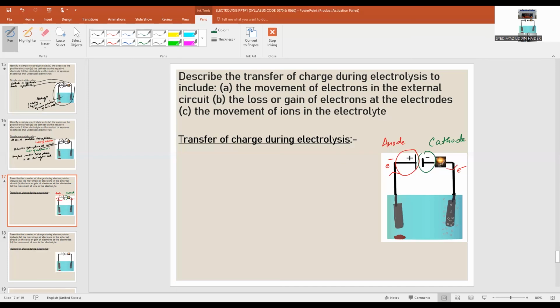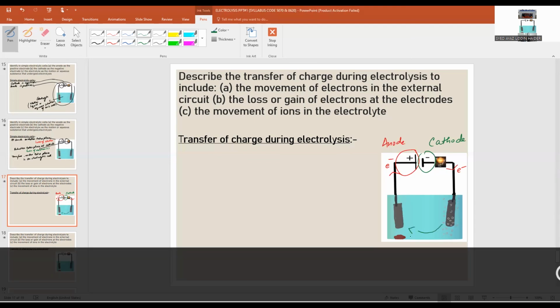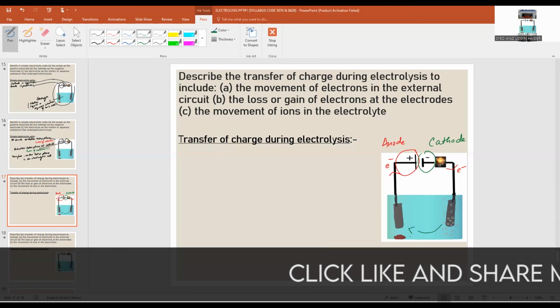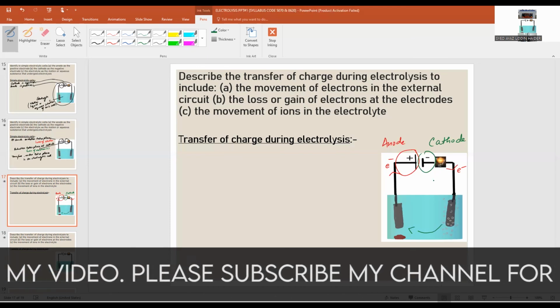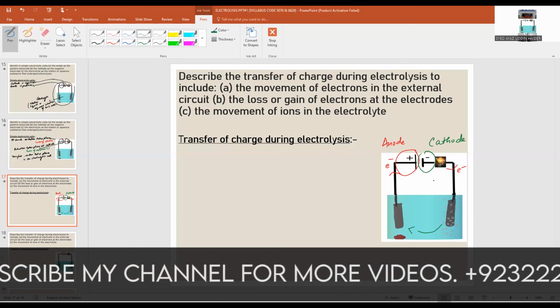This action can be reversed in an electrolytic cell. That is, charge moves in the solution in the form of ions from cathode to anode. So in this way, the whole circuit will complete.